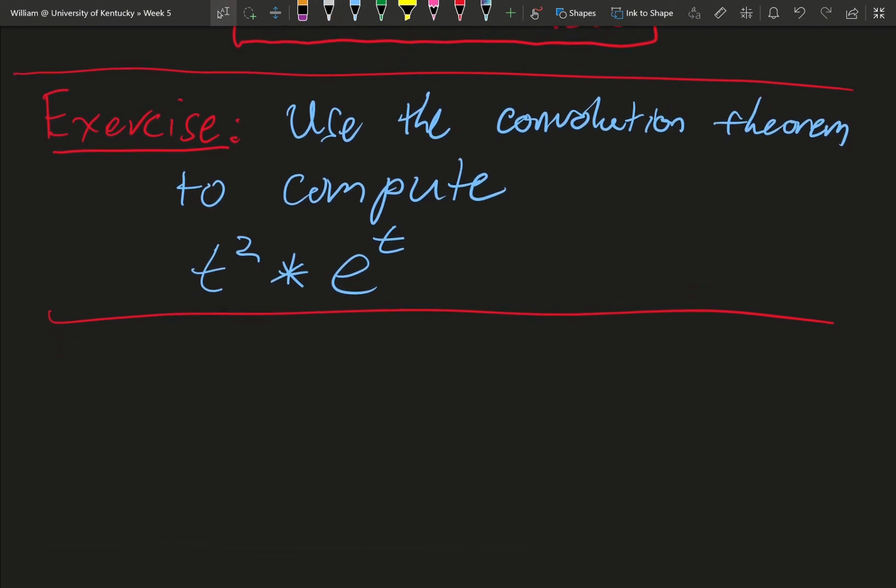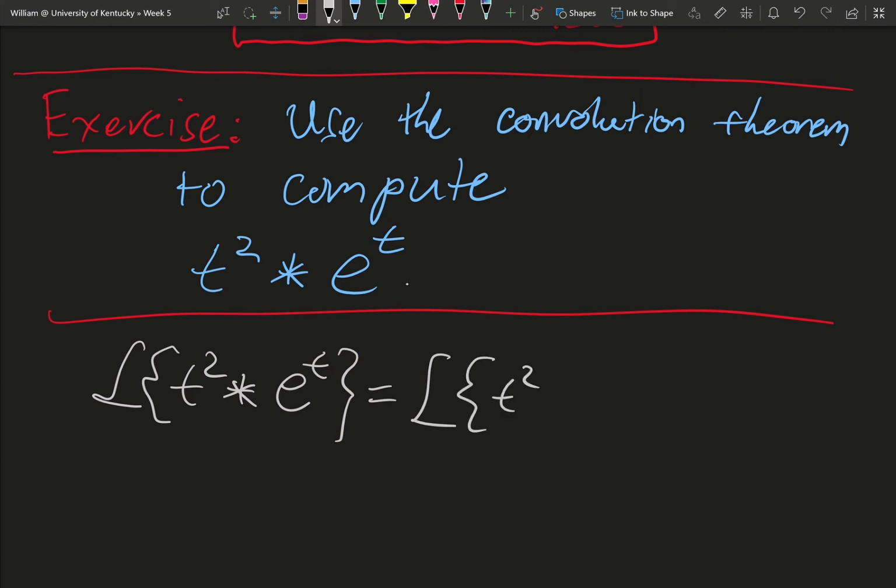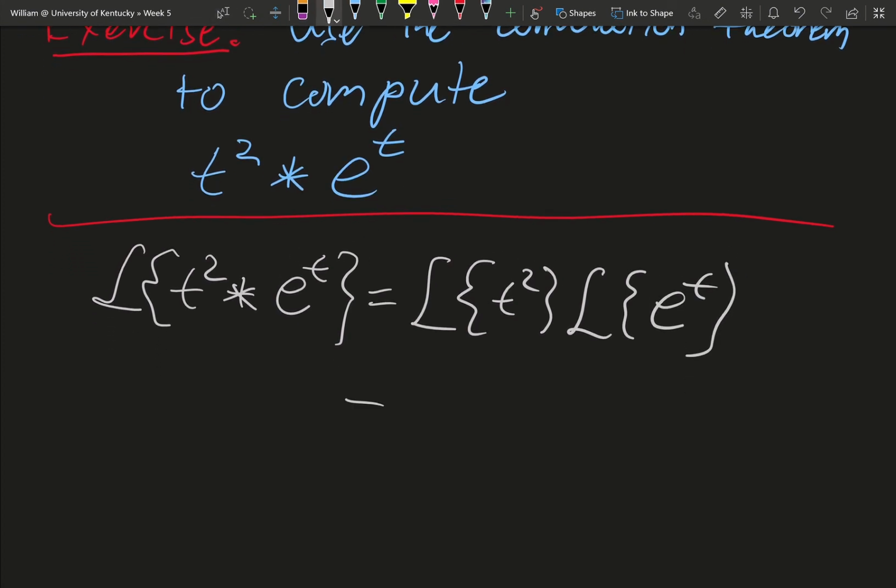I'll work this one through just because it's a good example. So, right, we don't want to compute this directly. We use the fact that this is equal to the Laplace transform of t squared times the Laplace transform of e to the t. So that's 2 over s cubed times 1 over s minus 1.